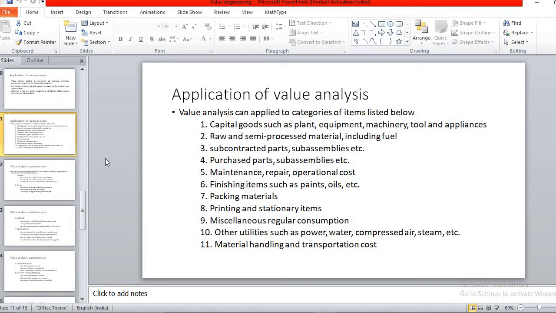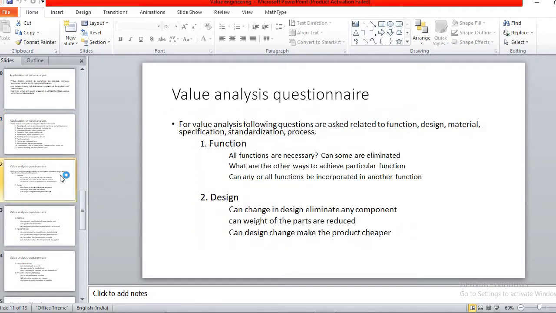So we can apply value analysis to each of these elements, and we can reduce the cost of the product.